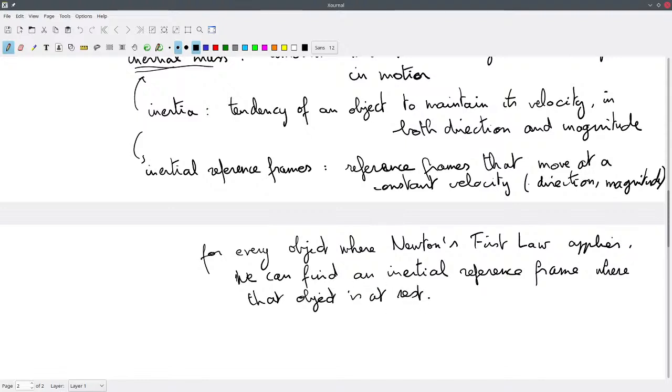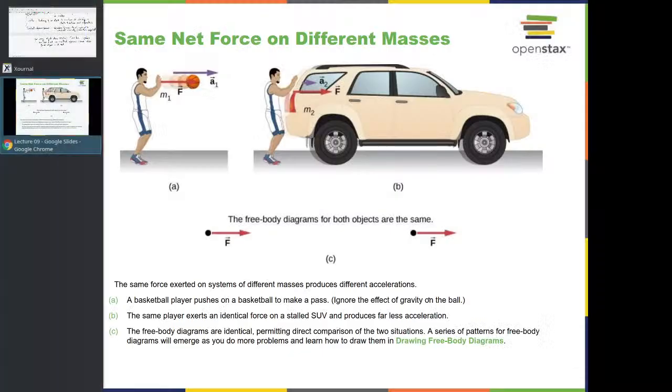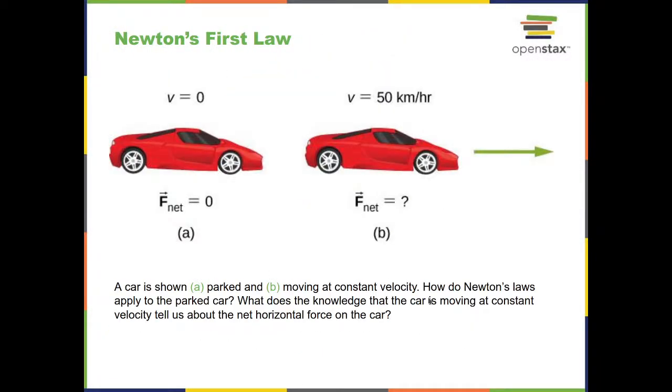So if we go back, for example, to the car moving at a constant velocity of 50 kilometers per hour towards the right here, we can find an inertial reference frame where that car is at rest. And of course, then the situation in that reference frame becomes just the situation in panel A. So if we have an inertial reference frame that moves at a constant velocity of 50 kilometers per hour, then that car will be at rest in that inertial reference frame.